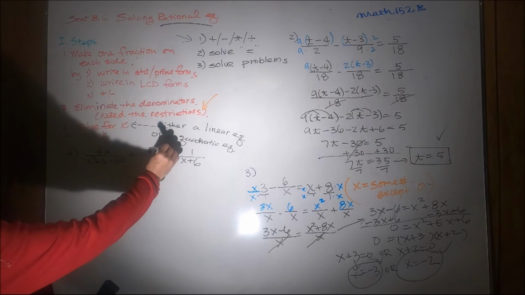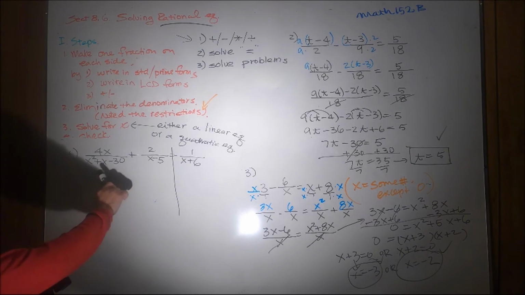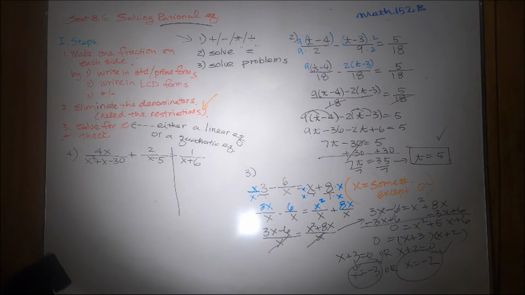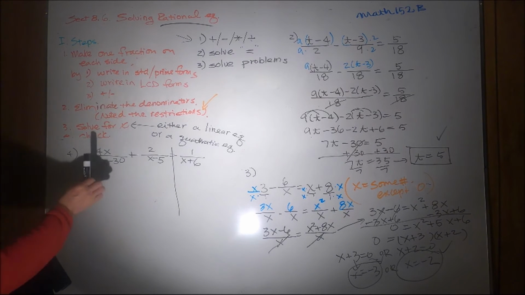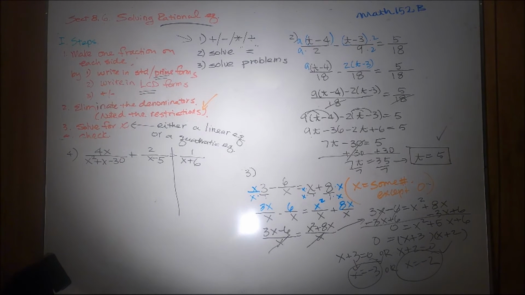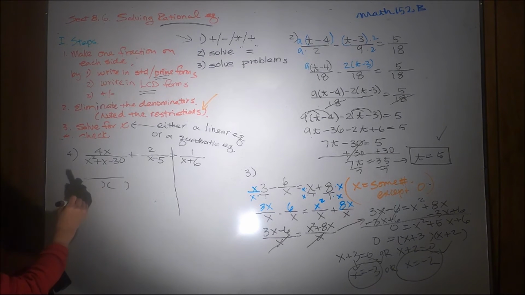So we want to make each side as simple as possible, to be a single fraction on each side. At the same time, we want to have both sides with the same LCD. So we have to find the LCD first. To be able to find the LCD, we need to do the primes, right? So we can compare all the denominators to get the LCD.